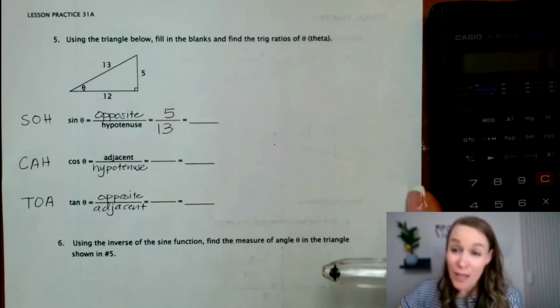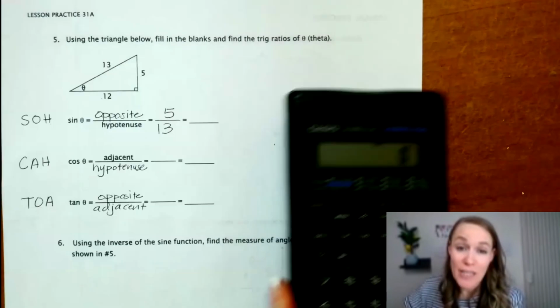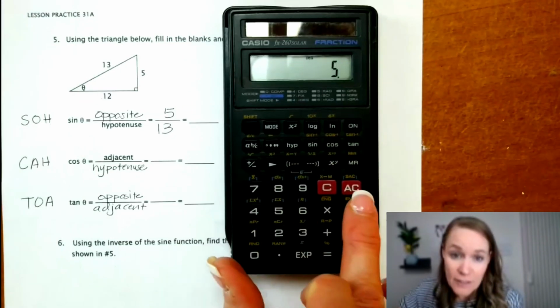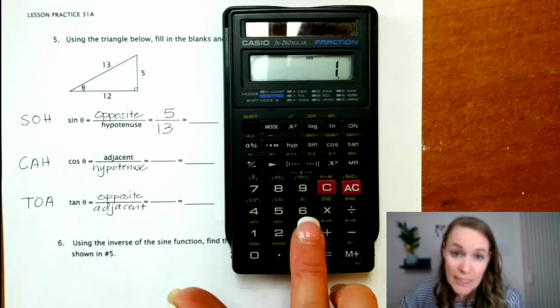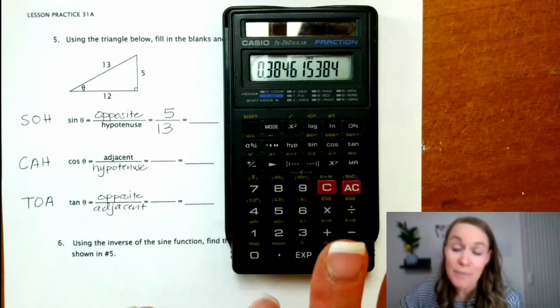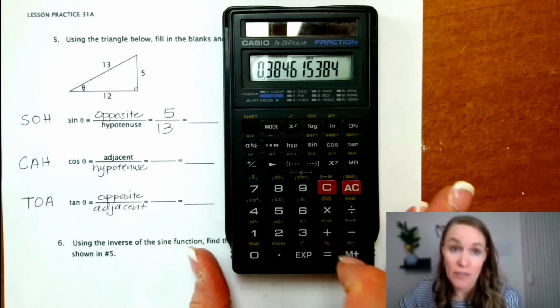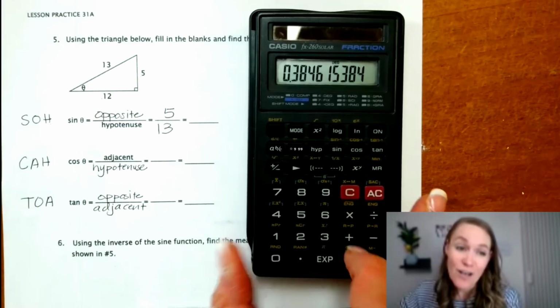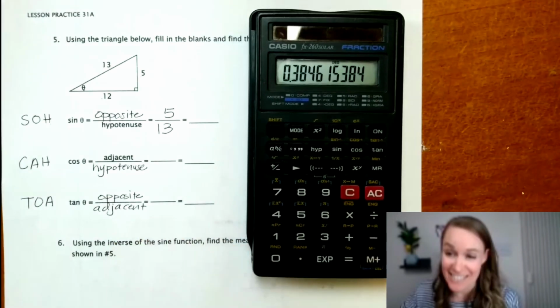So we're just going to plug into our calculator, and it's going to be a decimal. Okay. We're just plugging in 5 divided by 13. And it's a very specific reason why I'm not doing long division here. I want it put into my calculator because the next problem, we're going to do the next step.